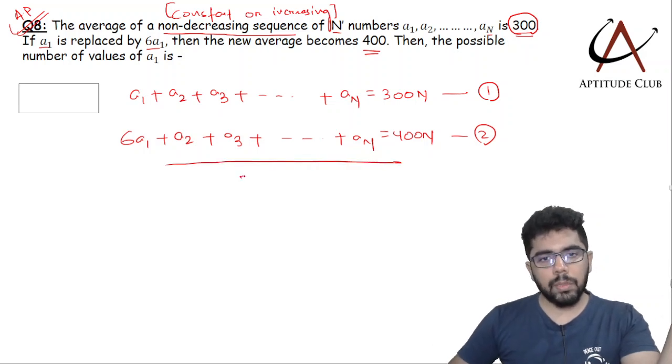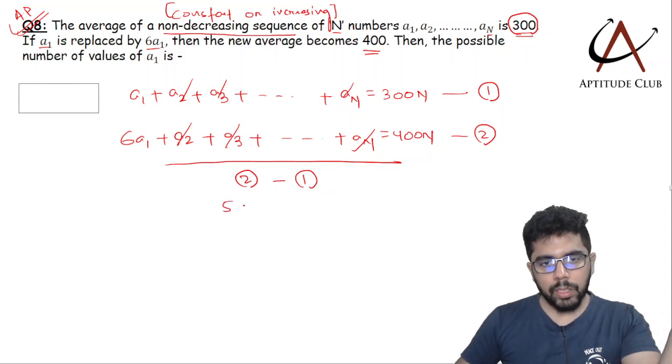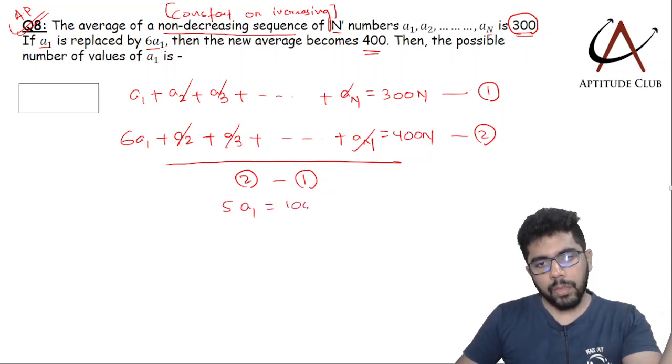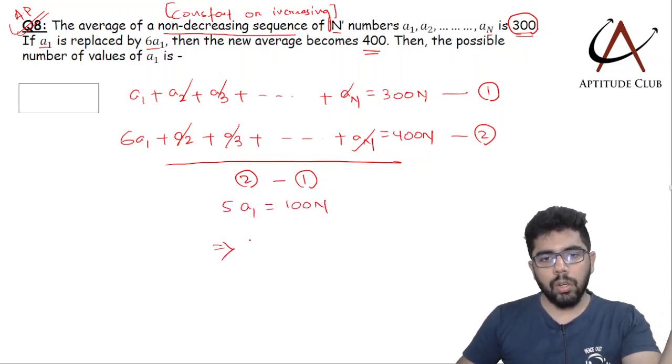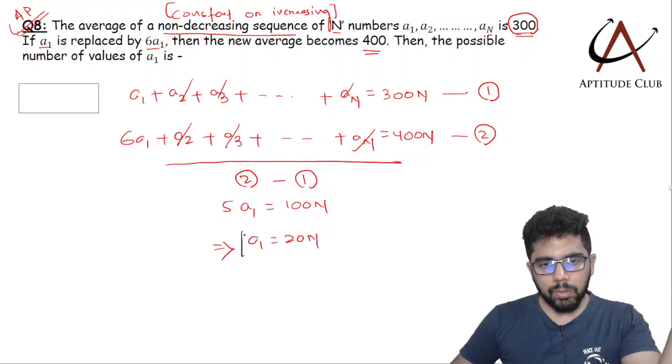Now if I subtract equation 2 minus equation 1, all the terms will get cancelled out except 6a1 minus a1. I will get 5a1 is equal to 100n, which gives me a1 is equal to 20n. This is an important result: a1 is equal to 20n.